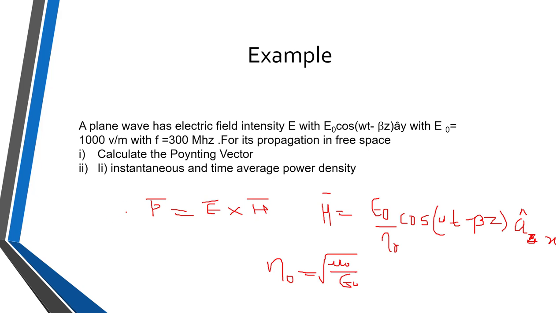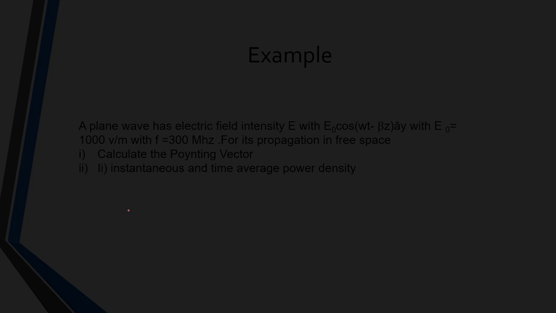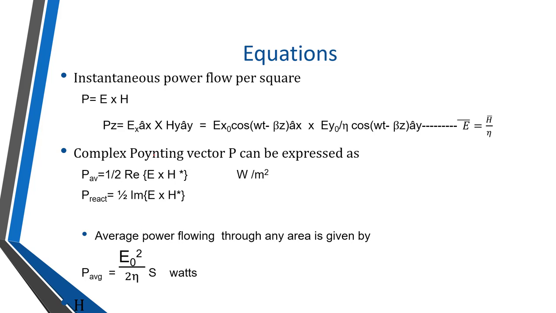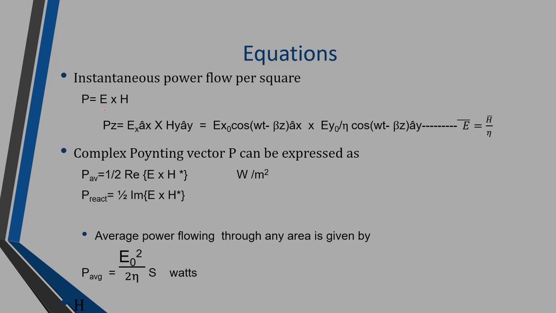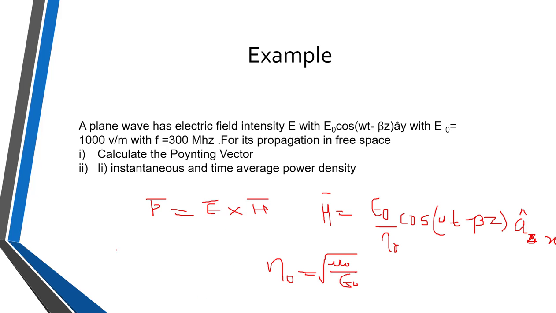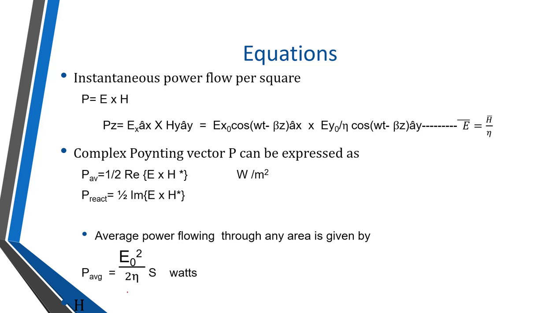Then to find the instantaneous and time average power densities, we already have equations. Instantaneous power density means this P vector itself, in watt per meter square. And time average power density means E naught square divided by 2 eta, in watt per meter square if S is not there.